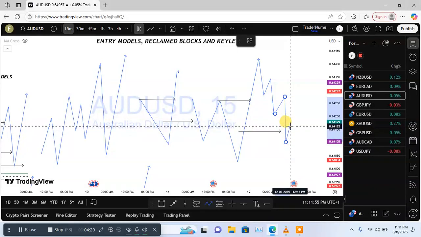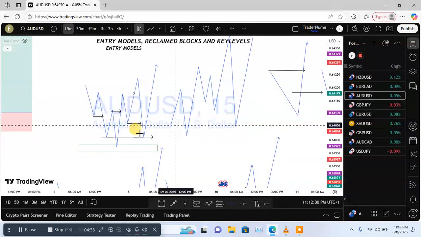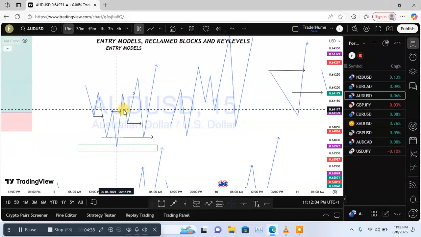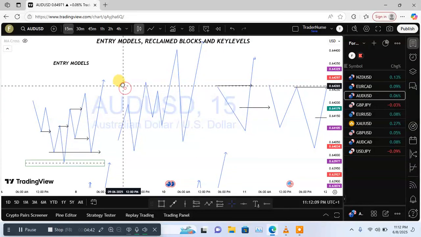If you don't see these entry models after price has tapped on your discount zone, there is no need to take any trade.